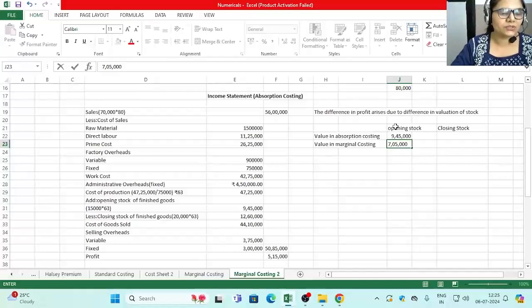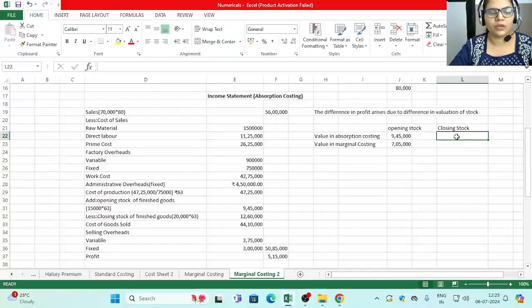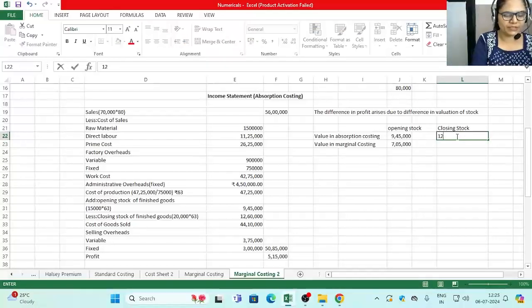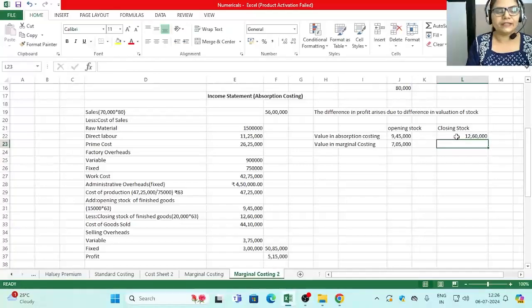Now, in case of closing stock, value in absorption costing was 12,60,000. And in case of marginal costing, it was 9,40,000.